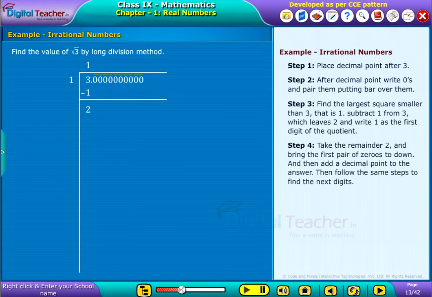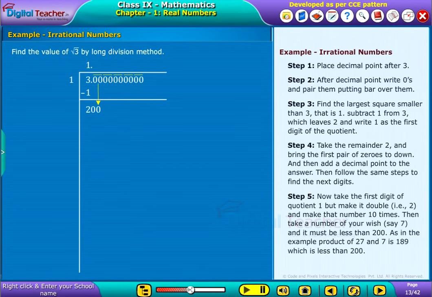Step 4. Take the remainder 2 and bring the first pair of zeros to down, and then add a decimal point to the answer. Then follow the same steps to find the next digits. Step 5. Now take the first digit of quotient 1 but make it double, that is 2, and make that number 10 times.